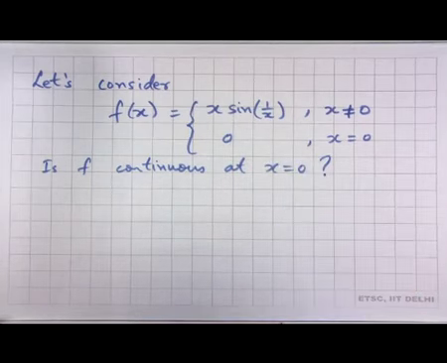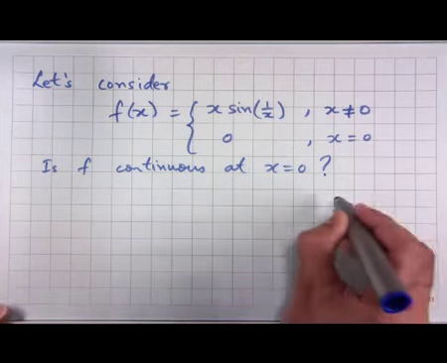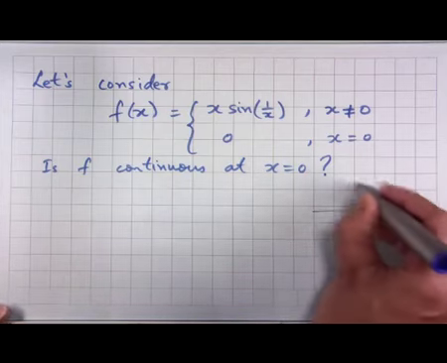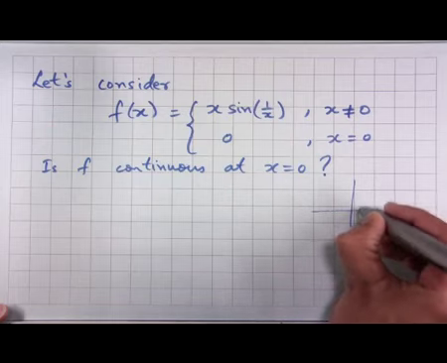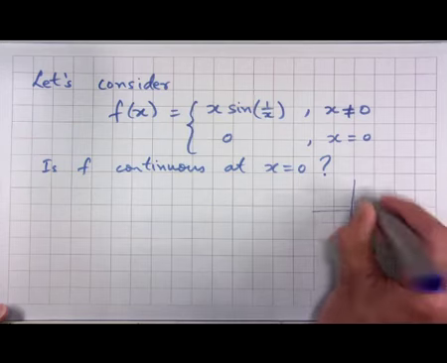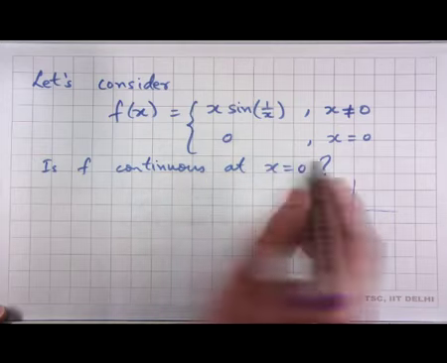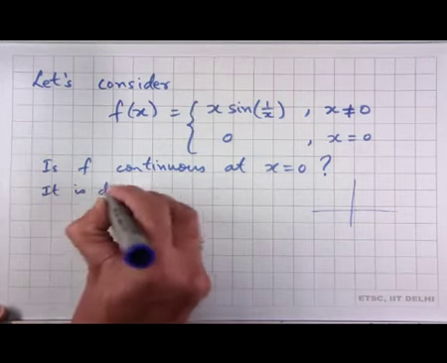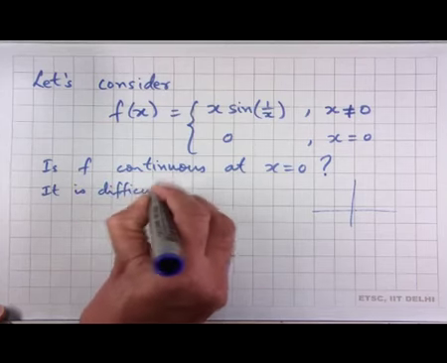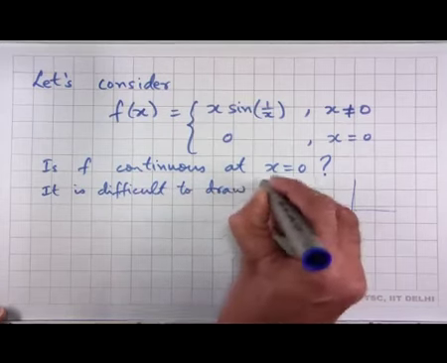So, in this case, if you try to draw the graph of the function x times sine 1 by x, it is very difficult to draw it near the point 0, because as you go close to 0, this function sine 1 by x keeps oscillating. So, it is difficult to draw the graph.